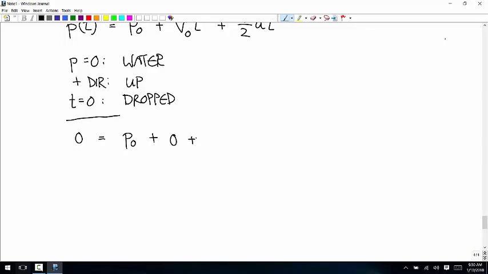The acceleration magnitude is 9.81 meters per second squared. Is that positive or negative? Well, our positive direction is up. The acceleration is down, so it's negative.